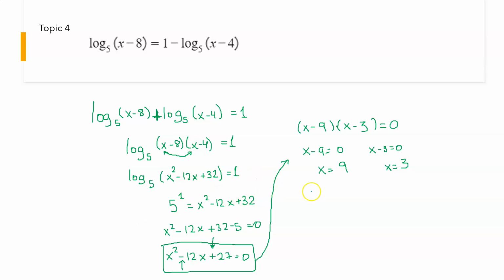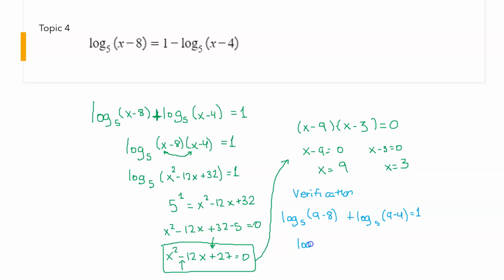So we can verify by substituting the values. This will be logarithm to the base 5 of 9 minus 8 plus logarithm to the base 5 of 9 minus 4, which should equal 1.